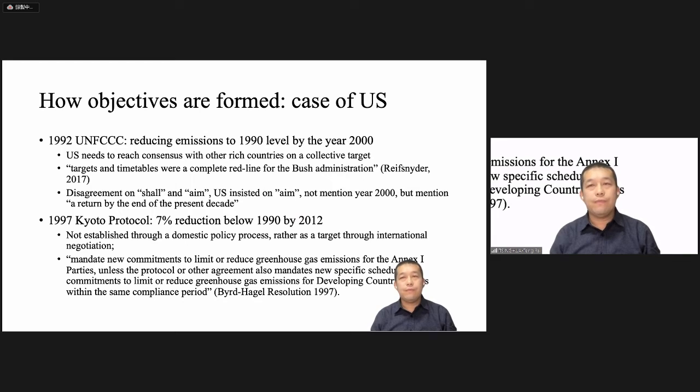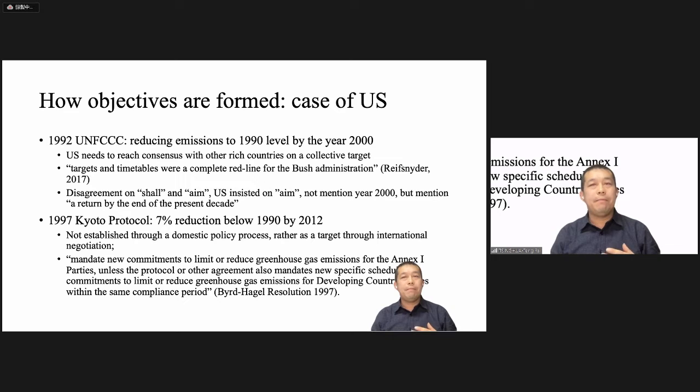And so after the discussion of these actors, we move towards the objectives, that is, how those climate objectives are formed, within a country or in the international arena. We use the United States as a case to show how objectives are formed.